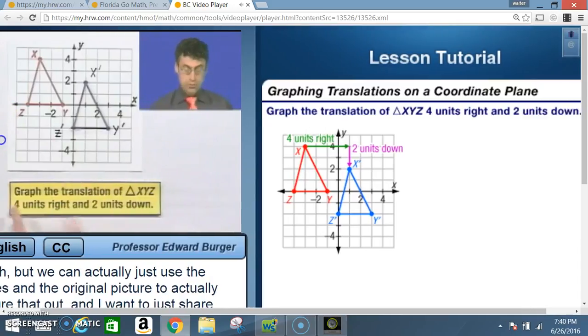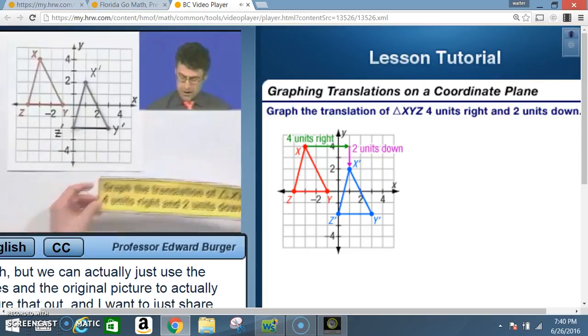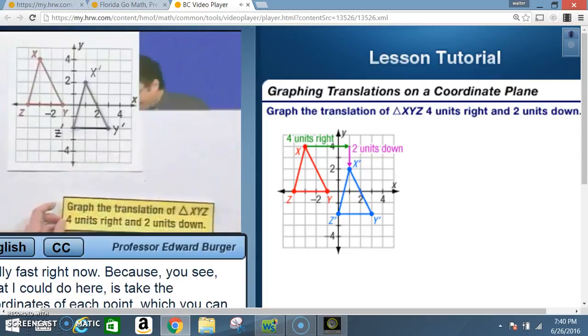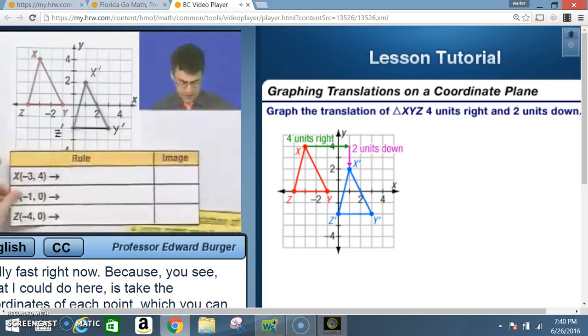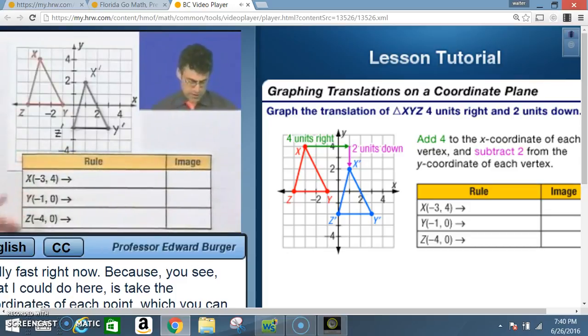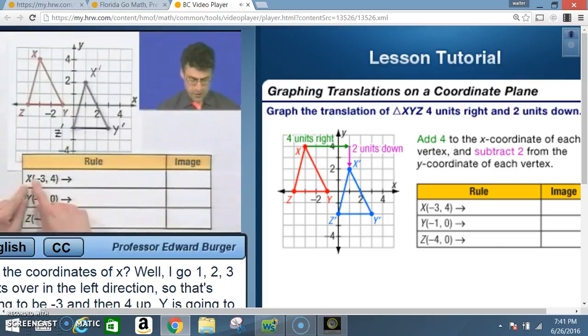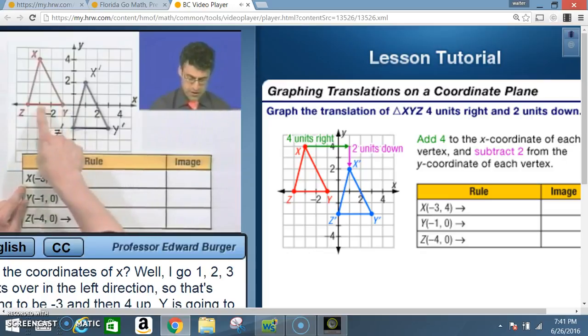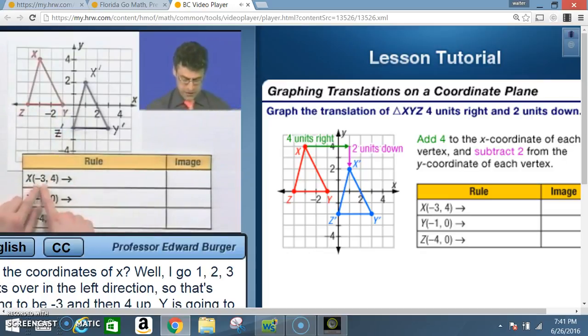But we could actually just use the rules and the original picture to figure that out. I want to share that with you really fast. I can take the coordinates of each point. What are the coordinates of X? I go 1, 2, 3 units to the left, so that's negative 3, and then 4 up.